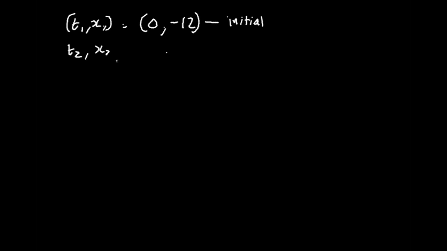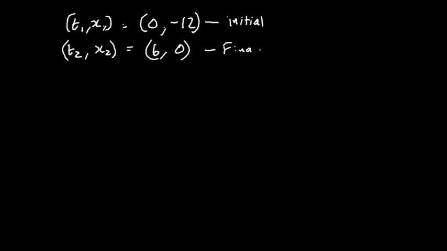The last bit was calculate the average velocity over the first 6 seconds. So average velocity is the average rate of displacement. Our first position was at 0, minus 12. That was our initial. The second point we had was at t equals 6 and 0.